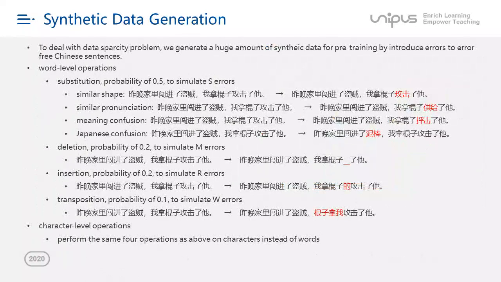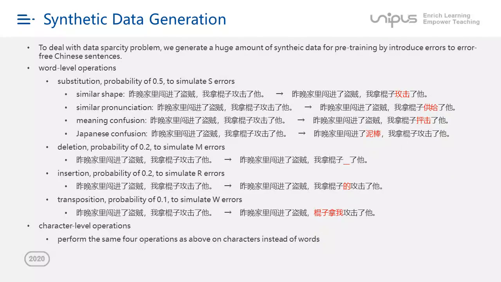And now let's talk about the synthetic data. To address the low resource problem, we generate a huge amount of artificial data. We collected 60 million error-free Chinese sentences from multiple sources, and we perform word-level operations and character-level operations to introduce synthetic errors into these error-free sentences.